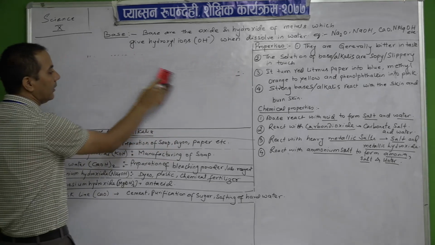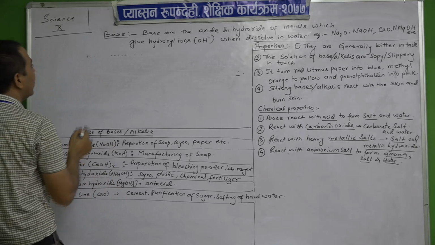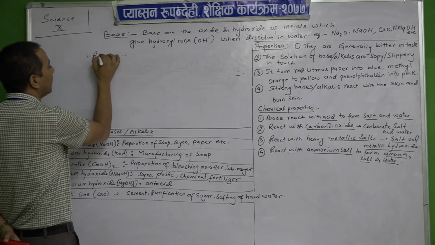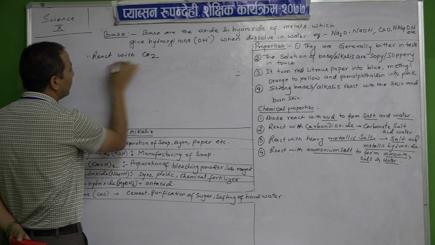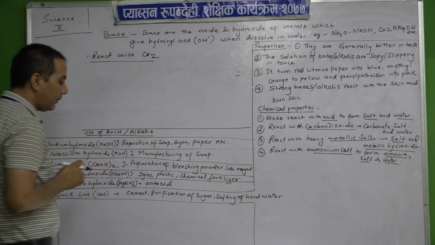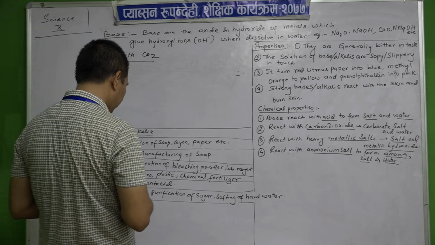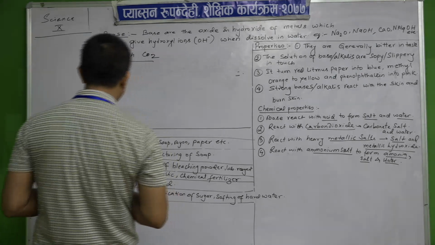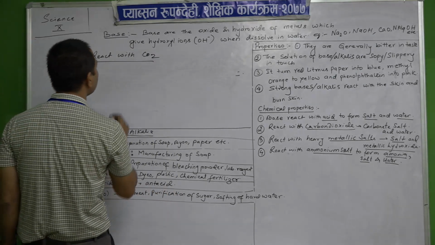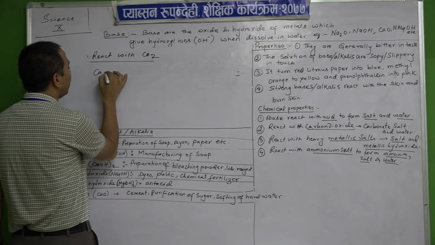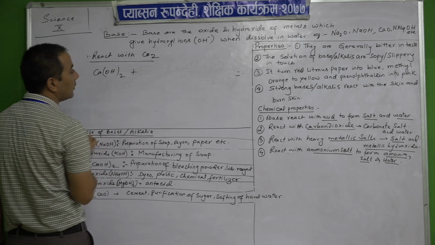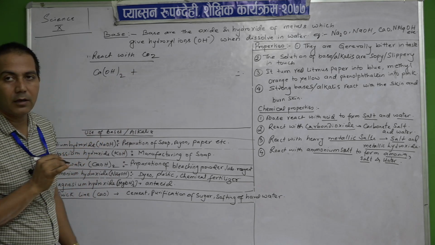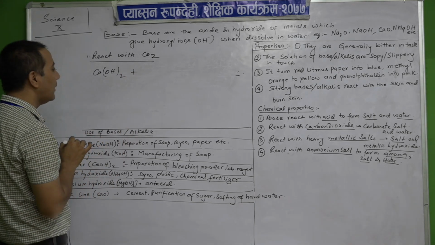Then the other one. When it reacts with carbon dioxide, CO2, then what happens? Ca(OH)2 plus CO2. Calcium hydroxide is also a base.